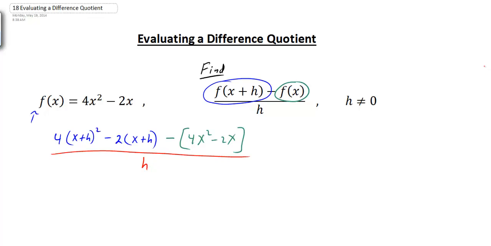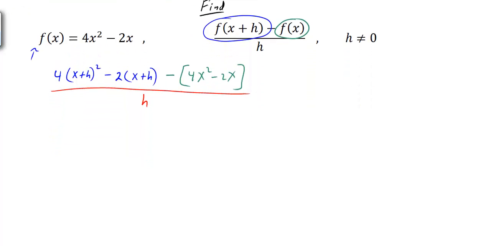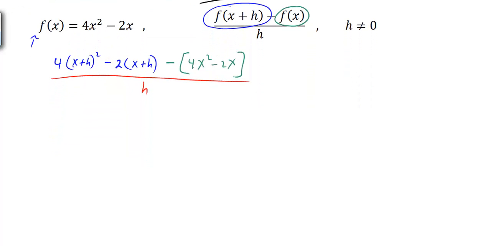So at this point, all we're going to do now is simplify the expression. First of all, we have 4 times x plus h squared. So again, this is x plus h times x plus h, or the shortcut says square the first term, which is x squared. Multiply x and h together, so that's xh, and then if we double that, you're going to end up with plus 2hx.